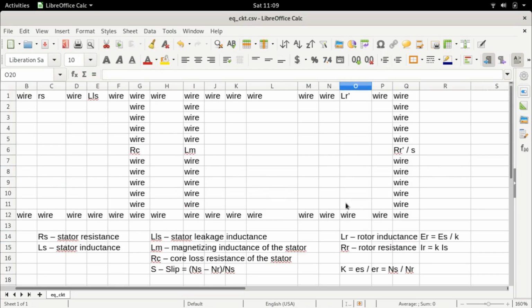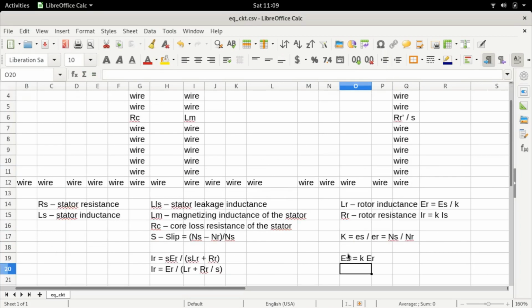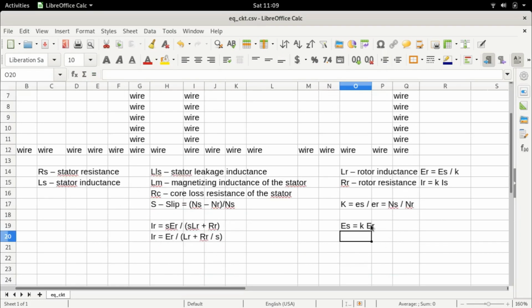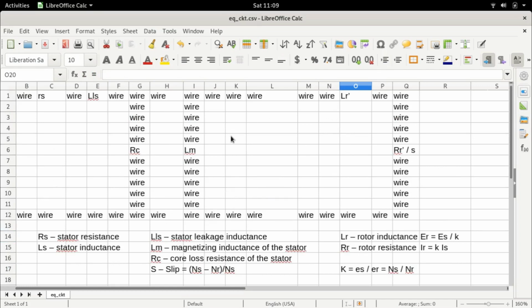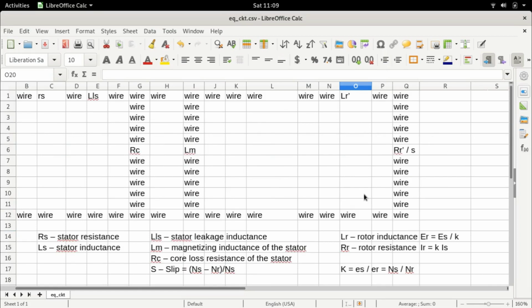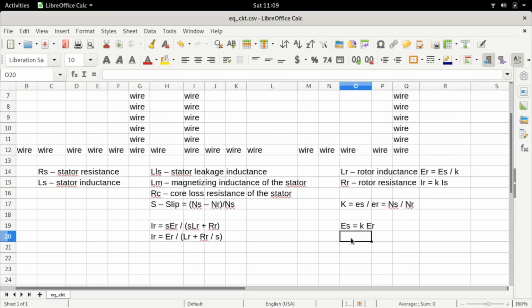What this means is that any voltage on the stator is going to be K times the voltage on the rotor. So if there is a voltage on the rotor, such as the induced EMF, and I wanted to transfer it to the stator, I would have to multiply it by a factor K, because that is how we are defining the turns ratio.